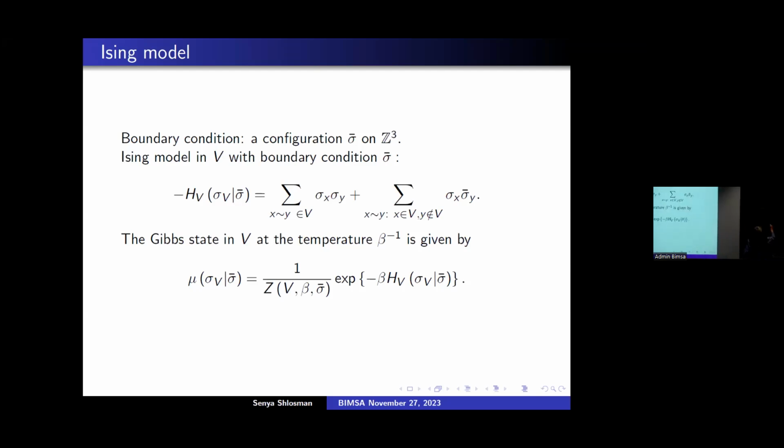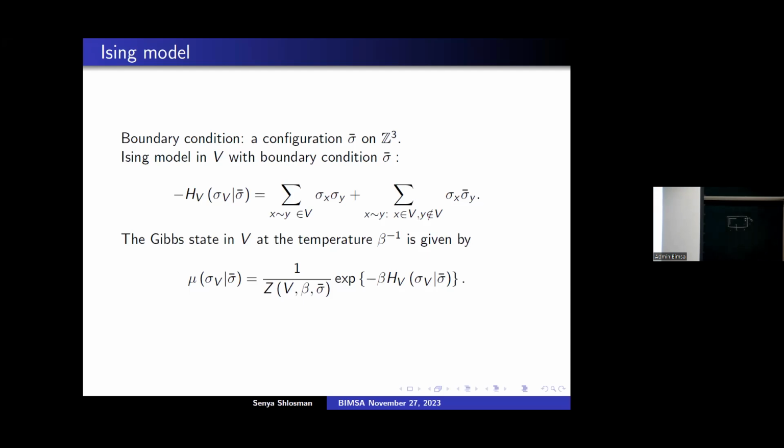Those are points outside V. So there are no edges on the boundary. The terms I'm talking about here, x with y, x in V, y outside V, are those pairs. This is x and this is y. And so this second sum is over bonds which look like this. The first sum is over bonds which are like that. So that's what I mean by those definitions.